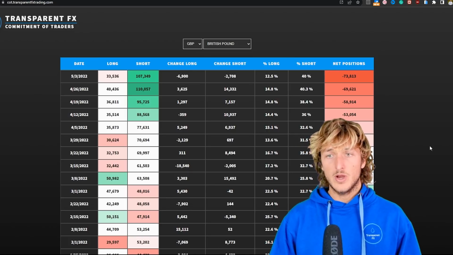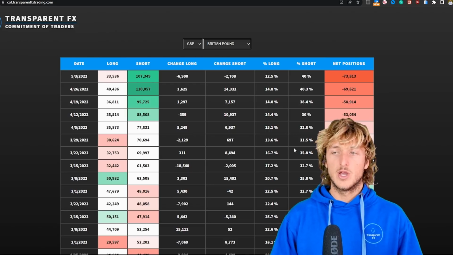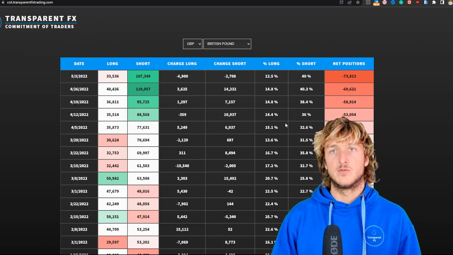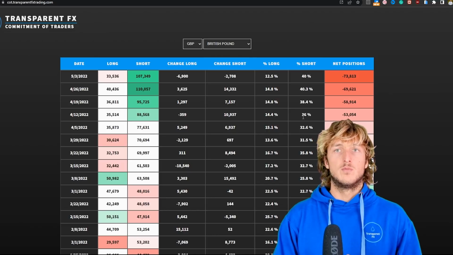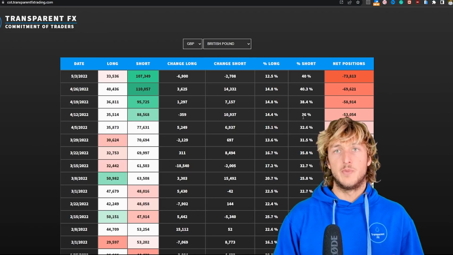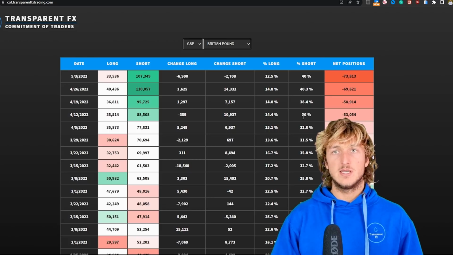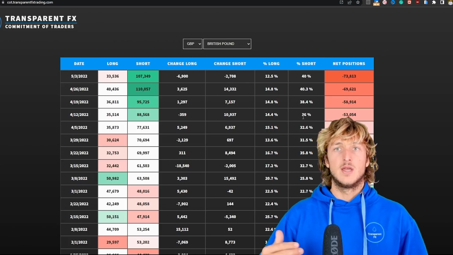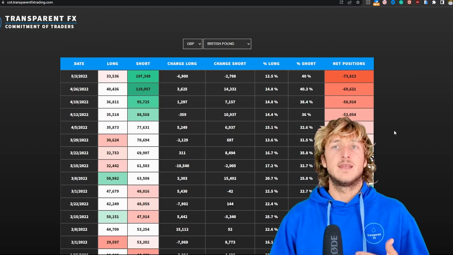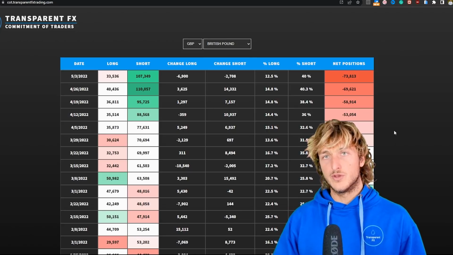We are able to track their orders. Therefore, we can see how long it actually takes for them to move their positioning, for example, to bearish or to bullish. We never see it happening immediately, and this is the proof that it takes a lot of time for them to actually move their positioning.